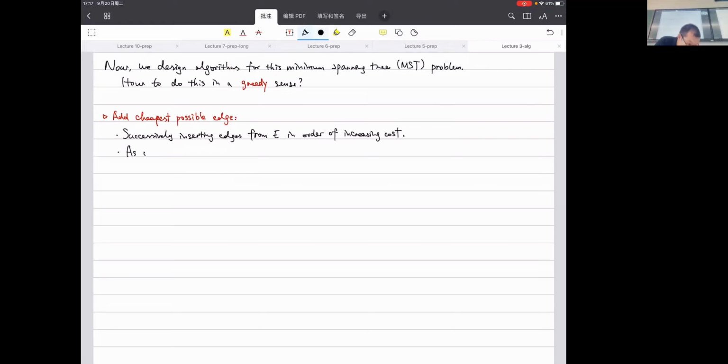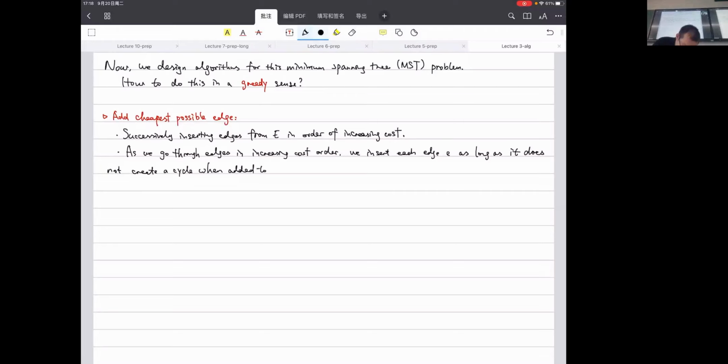So as we go through edges in increasing cost order, we insert each edge as long as it does not create a cycle, and add it to the edges we have already inserted.